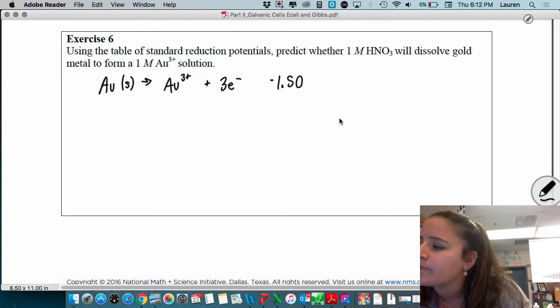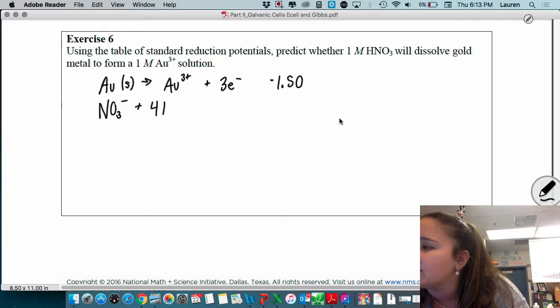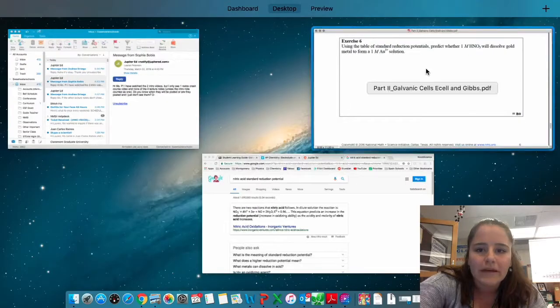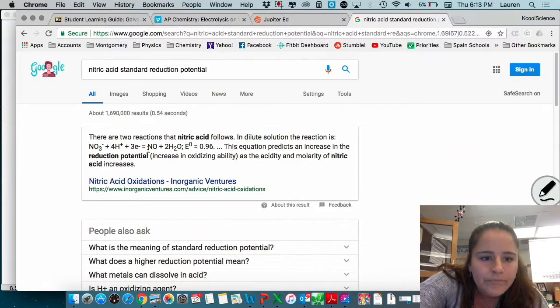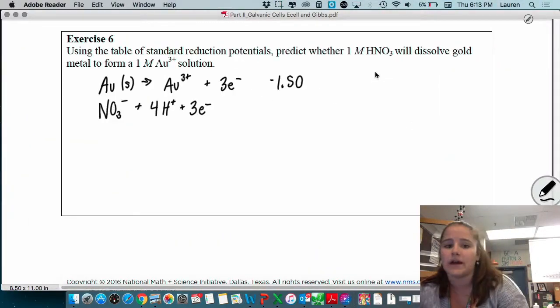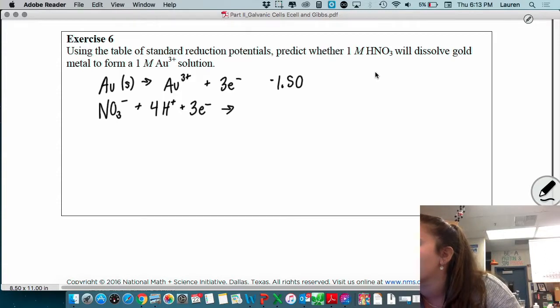So we have NO3 minus plus 4H plus plus 3e minus, forming NO and 2H2O. So nitrogen monoxide and 2 waters.